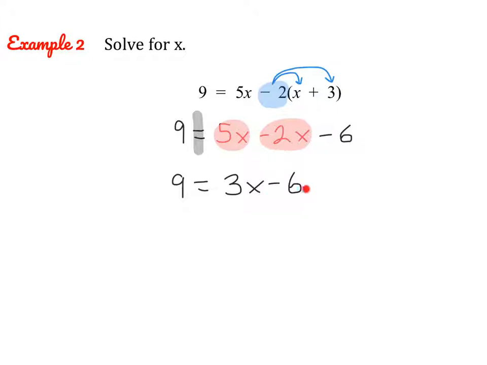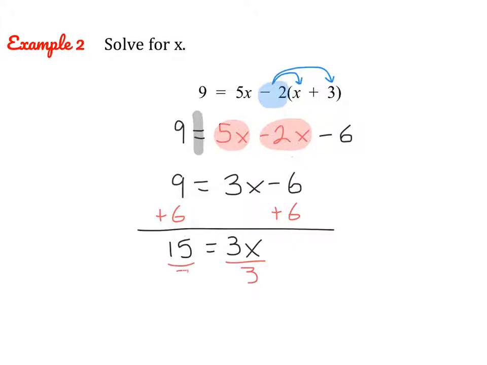Always start with the number that's alone. The inverse of subtracting 6 is adding 6 to both sides of my equal sign. And I'm left with 15 equals 3 times x. The inverse of multiplication is division. So I'm going to divide both sides by 3, and we're left with 5 equals x.